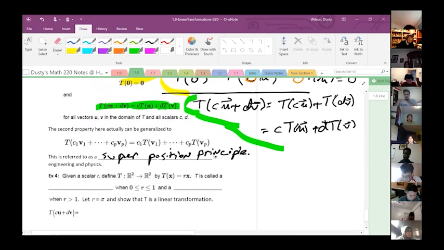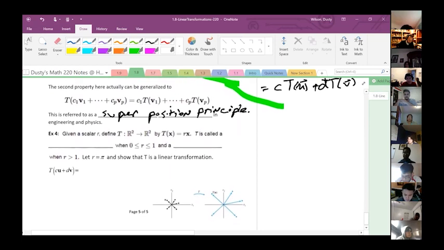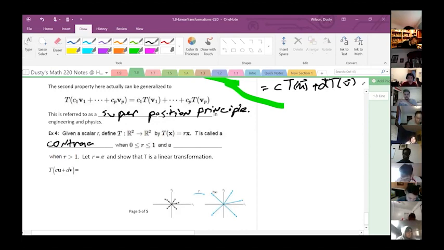So how does this work? In example 4, given a scalar r, define T going from R2 to R2 by T of x equals r times x. T is called a contraction when r is between 0 and 1, and it's called a dilation when r is bigger than 1.